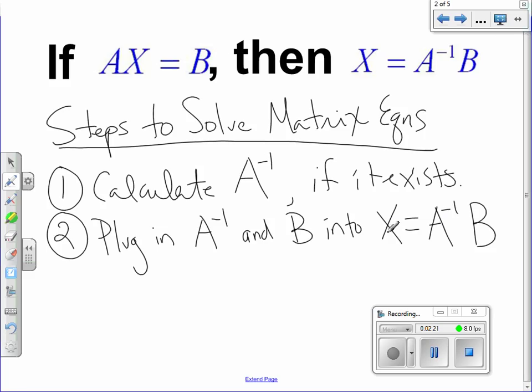X is already going to be by itself, which is pretty sweet, and we'll just have to do some matrix multiplication to figure out what our X is. And finally, step 3 is to simplify. Specifically, we're going to have to use matrix multiplication. Okay, so there are our steps. Pause the video, write those down if I went too fast, and then let's move on to our first example.